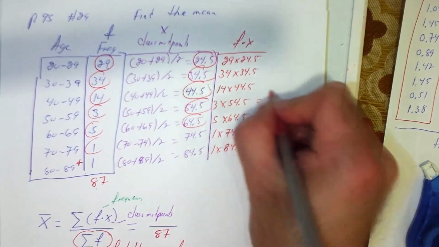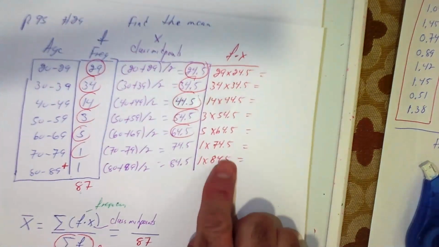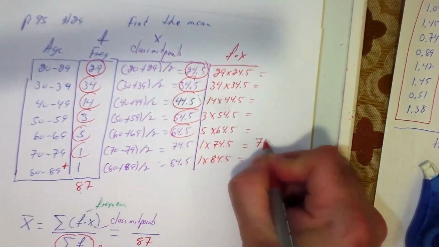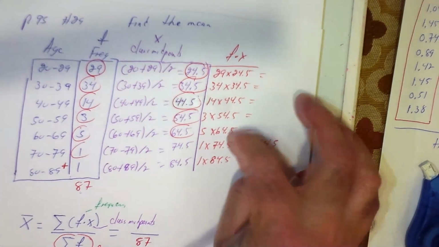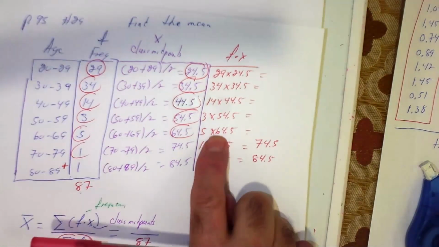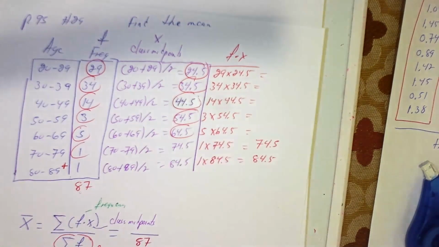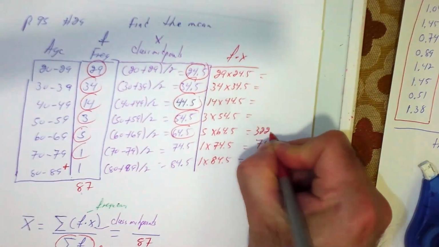I have to calculate those in my calculator. I'll do the last two without the calculator. I don't want to show off, but I want to show off. It's a gift, I know. 84.5. I got to multiply the other ones. I got to use the calculator for sure. I'm going to go backwards, going up. 5 times 64.5. Remember to turn on your calculator when you start typing. 322.5.